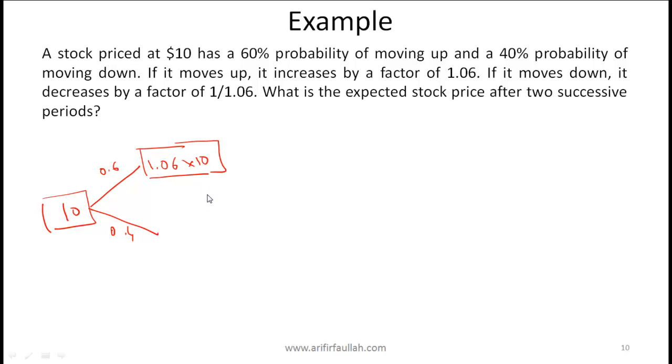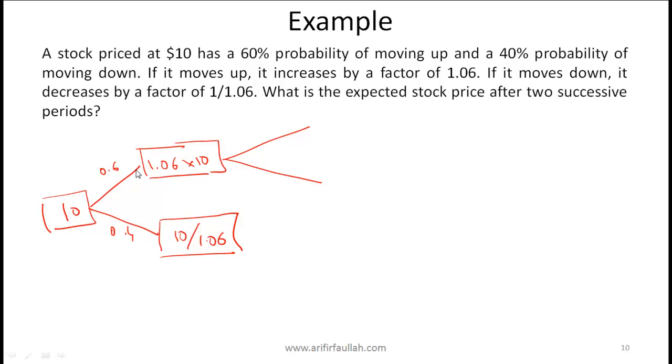And if it moves down, it decreases by a factor of 1 over 1.06. So if it goes down, then the price becomes 10 divided by 1.06. And what is the expected stock price after two successive periods? So this is what happens after one period. What happens after the second period?